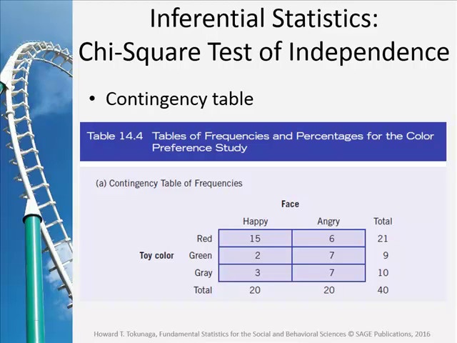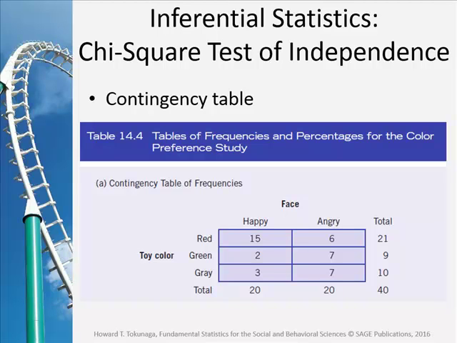Like that's really equal. So if you were to just go off of this sample of 40 kids, it would appear in this experiment that if you give them a happy face, they pick a red toy. So the color red is associated with happiness.